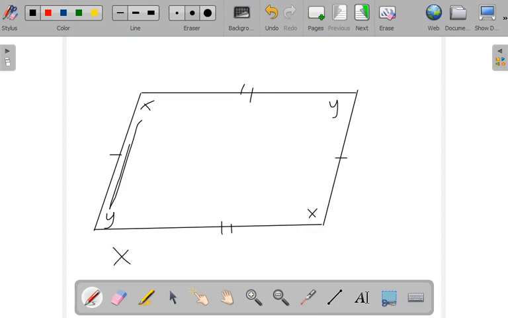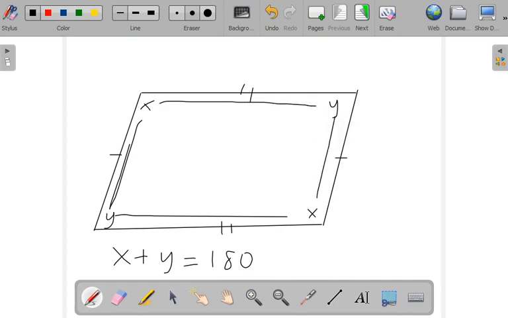So x plus y would equal 180 degrees. So if you knew only one of those angles, you could subtract from 180 to get the other angle. The same is true for these pairs, and these. You can get all of those and they add up to equal 180 degrees.